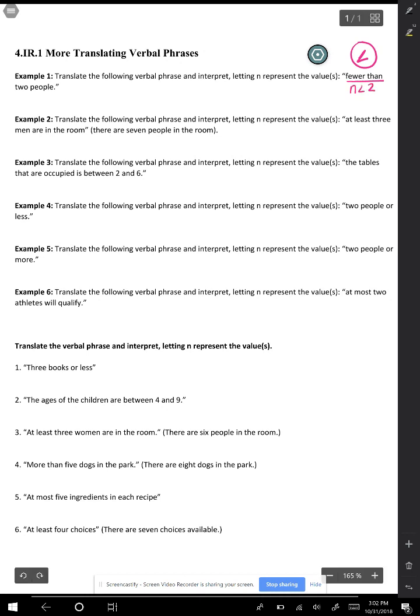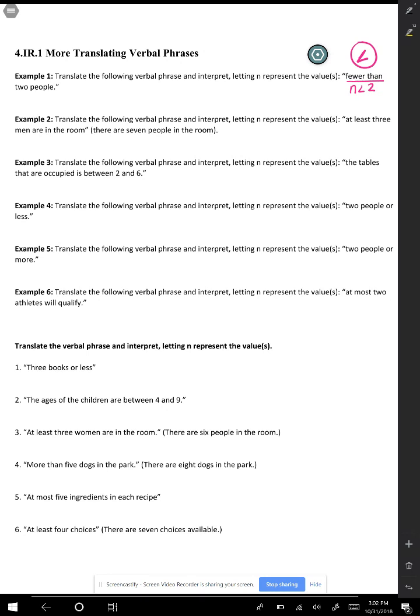But we're talking about the number of people. If I left it as n is less than 2, then n could be 1.5 because 1.5 is less than 2, but you can't have a part of a person. So your answers must be whole numbers.